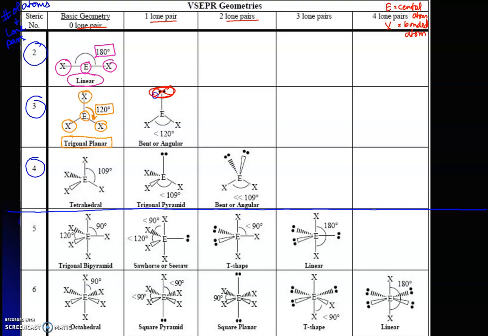But this still has a negative charge, so it's going to push down on the 2 other things bonded to the central atom. So that means it's going to be slightly less than 120 degrees. Whenever you have a lone pair, it's slightly less than the original angle. And that's going to be called a bent or angular shape.